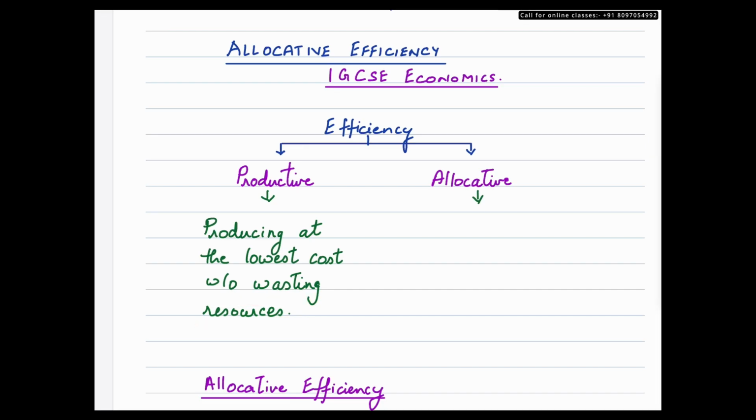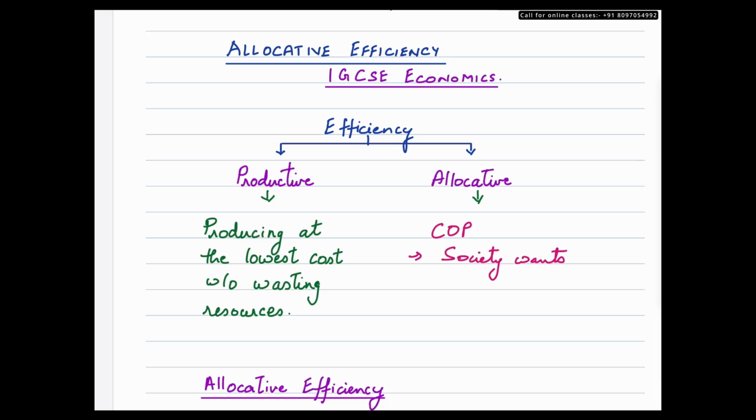So we are not just asking what we are producing over here, but we are also looking at how cheaply we are able to produce it. The second is allocative efficiency, which is the focus for today. And allocative efficiency does not just talk about the cost of production. It talks about if we are producing the right combination of goods and services that the society at large wants.